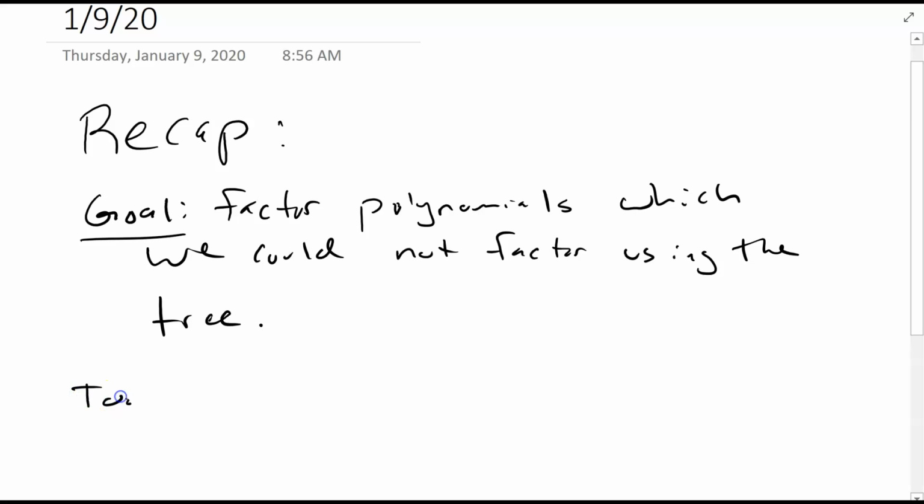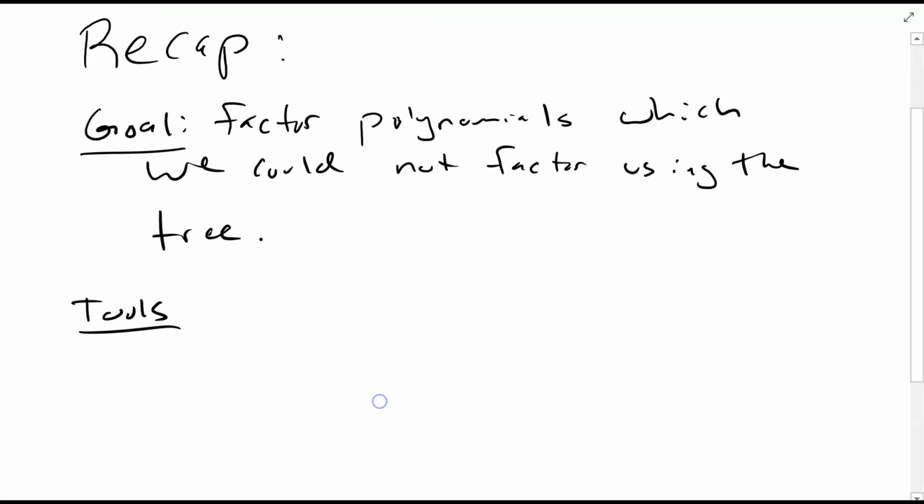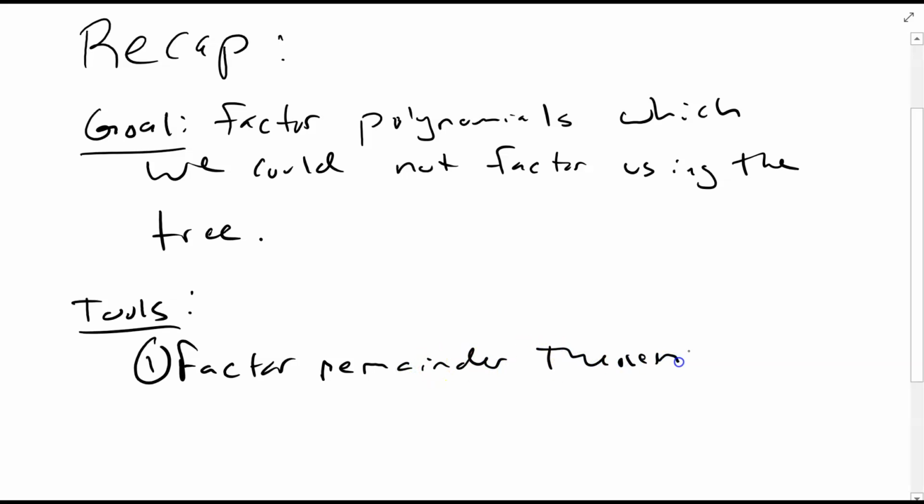So the tools that we've developed so far is we have the factor remainder theorem. And what this allows us to do is use synthetic division to help do that factoring.